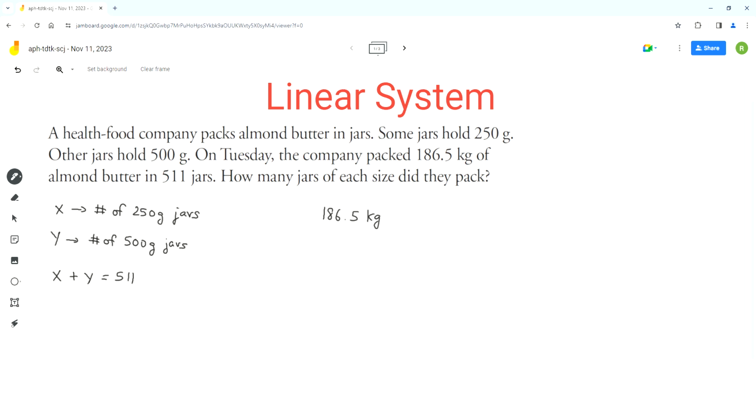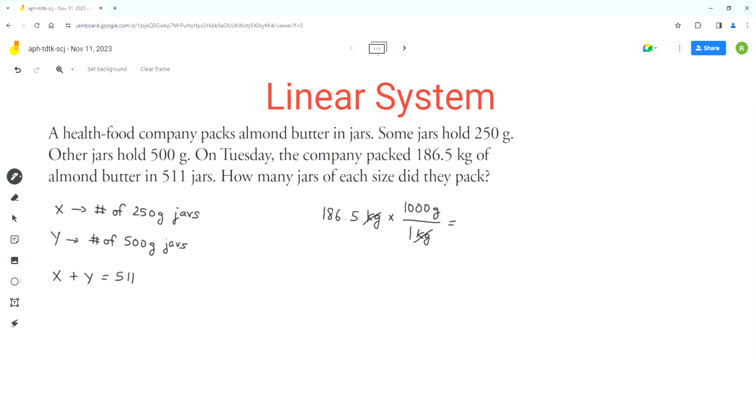For that, we use the conversion rate between kilograms and grams, which is 1 kilogram equals 1000 grams. So we multiply 186.5 kilogram by 1000 gram over 1 kilogram.